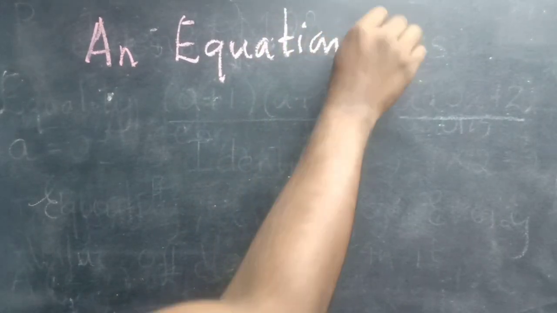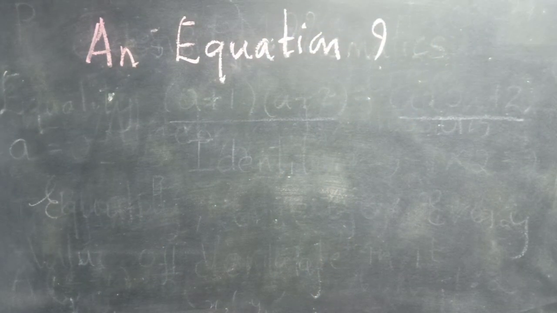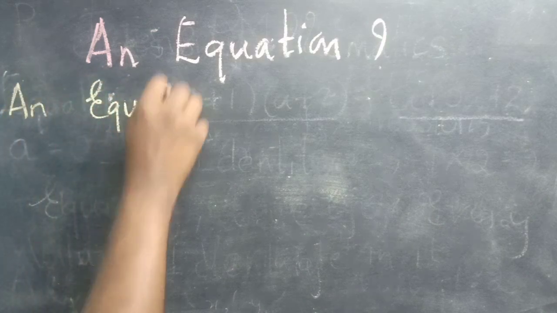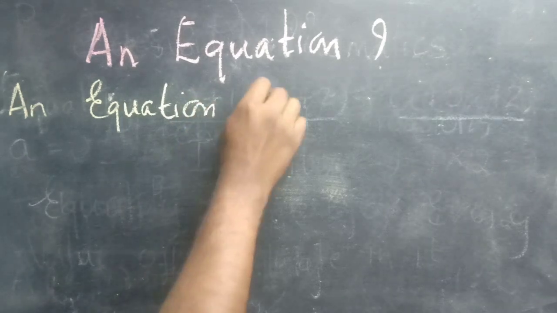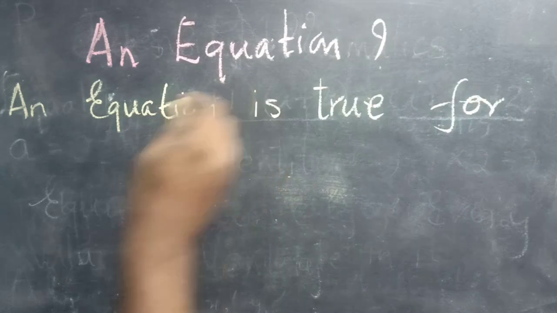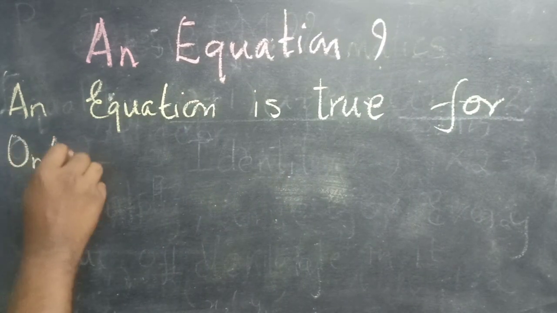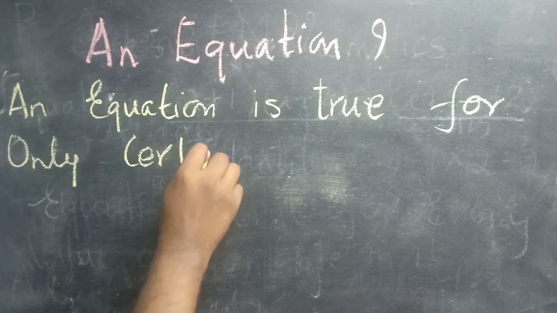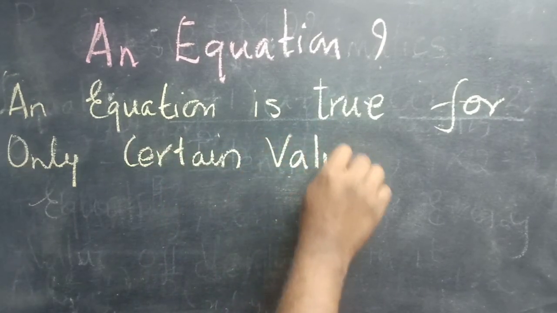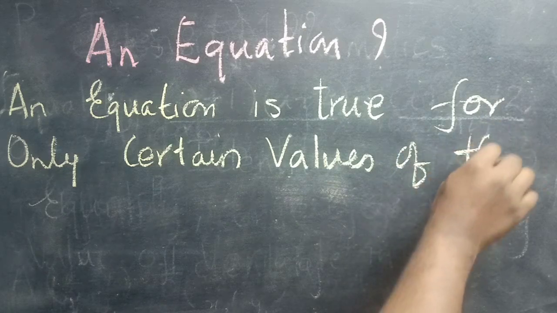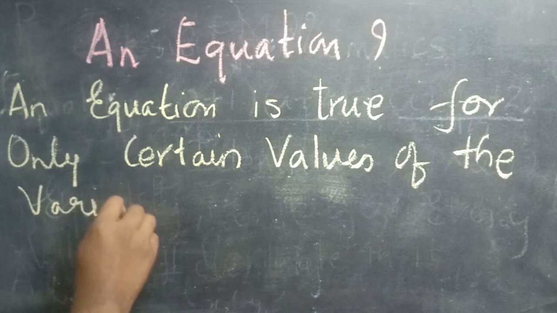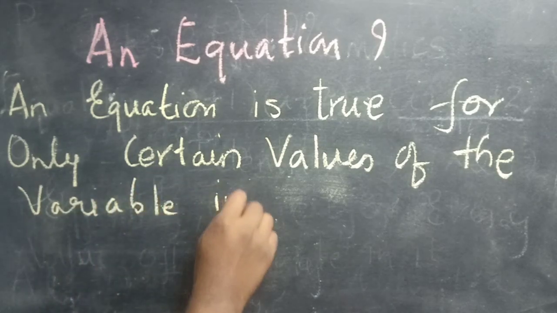What is an equation? An equation is true for only certain values of the variable in it.